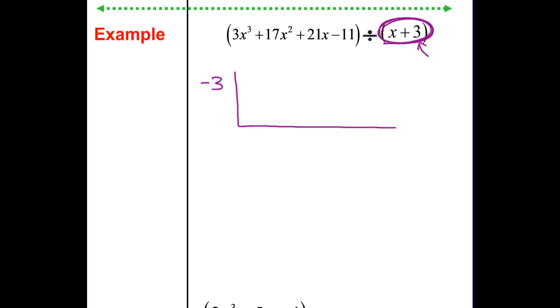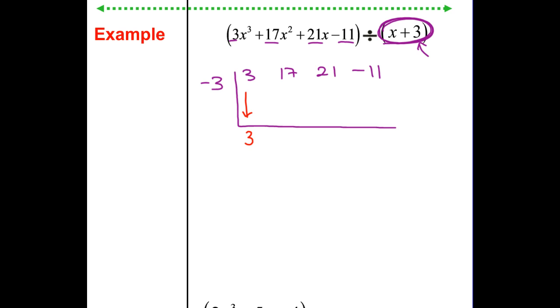All right, now again, we need to make sure our polynomial is listed in order from highest degree to lowest degree, which this one is. And then we look at our coefficients. We bring those down, so we get 3, 17, 21, negative 11. First, always bring down that first value.